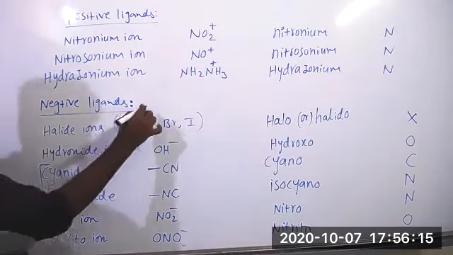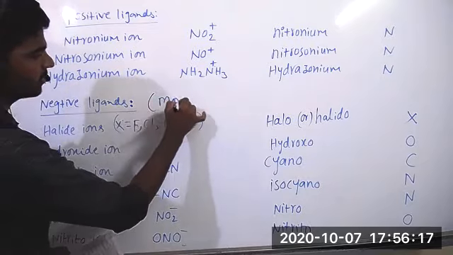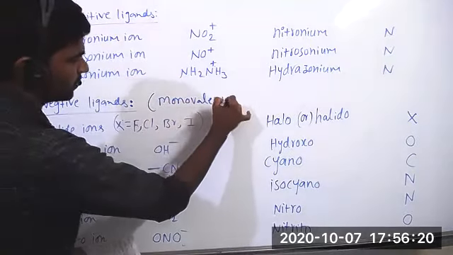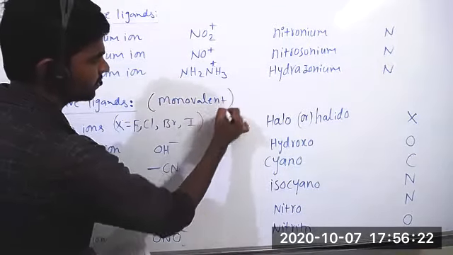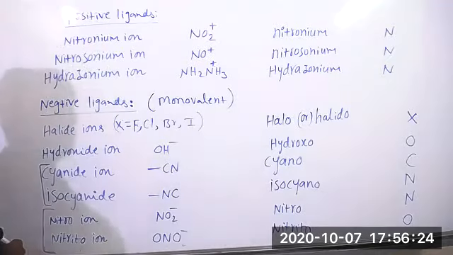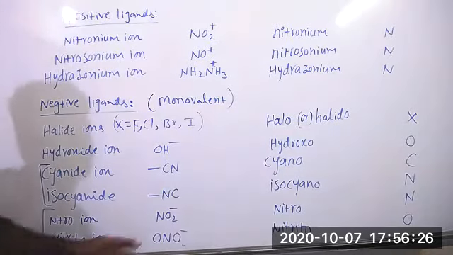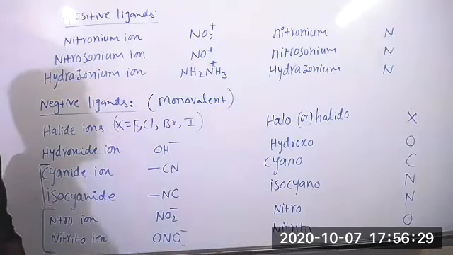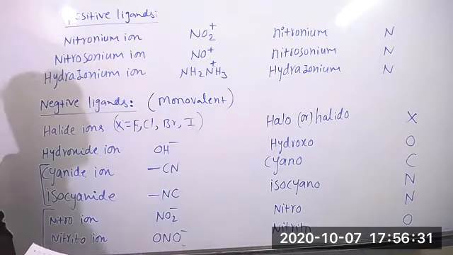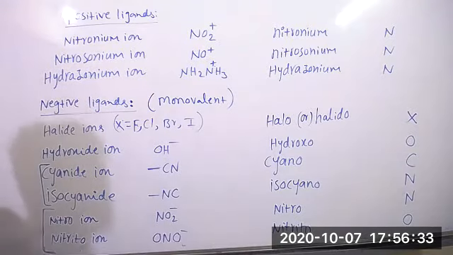Here negative ligand in bracket, write always monovalent. Suppose chlorine atoms are outside the complex; we are saying those are counter ions. We are simply writing chloride. We don't use chlorido also.